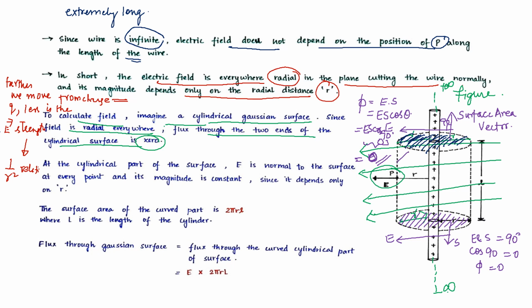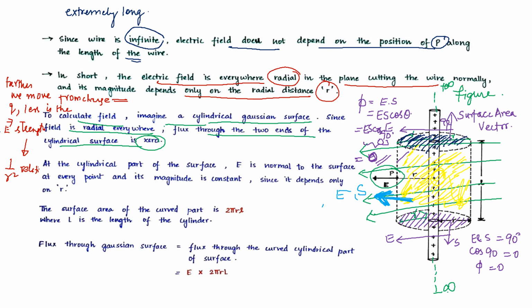But when we see the curved surface area, the area in yellow, this is the curved surface area of our cylinder. In this, where is the area vector moving? The area vector S is in this direction, and E is also in this direction.